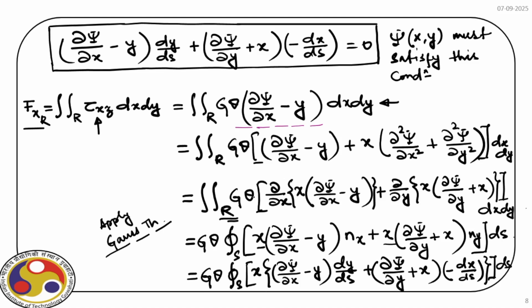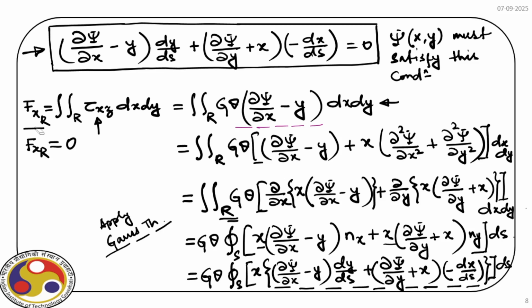Now you can see the condition here we have derived. The third bracketed term here is equal to 0, right? That is the second condition that the warping function must satisfy. If that is the case, what we get here is xR equal to 0. Right.